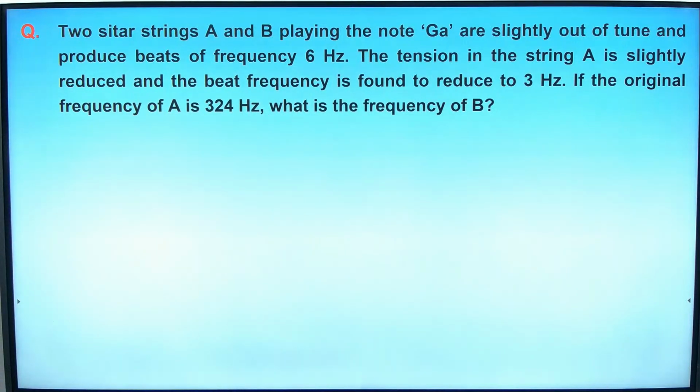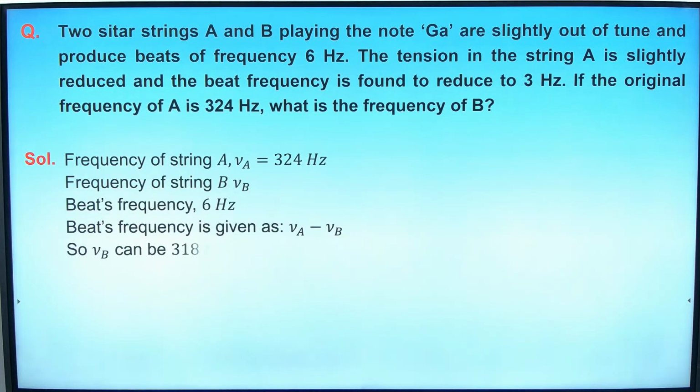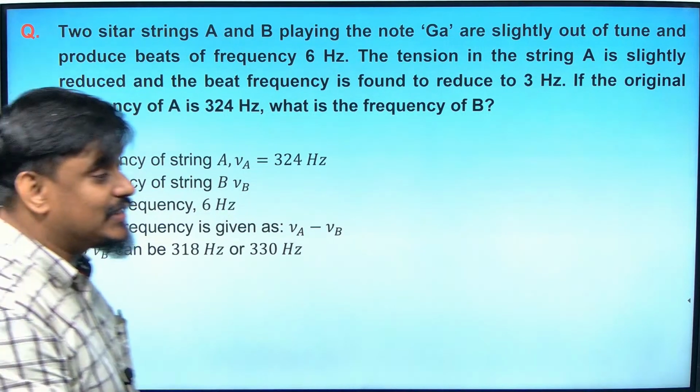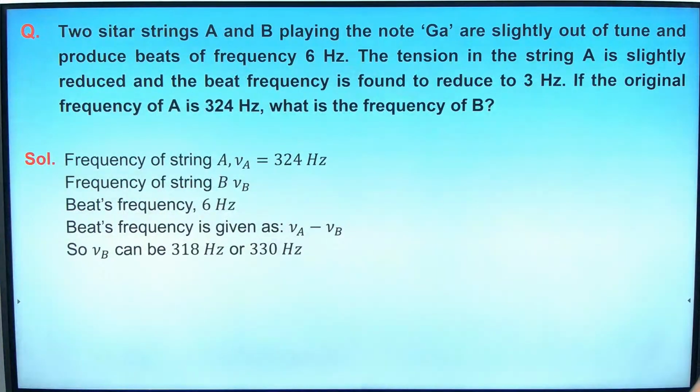One possibility is, yes, the beat frequency is 6 hertz, so it will be 318 or 330, right? In the previous question, I gave both the answers, but here, as Abhinand is correctly telling, we cannot say both are the answer.